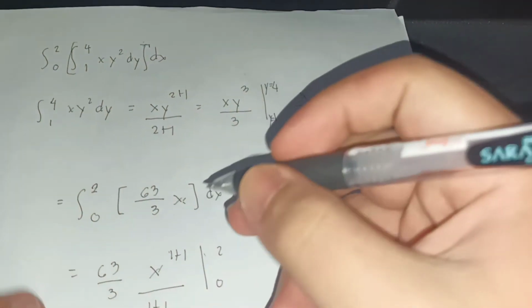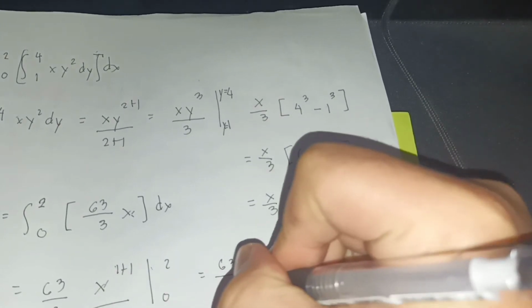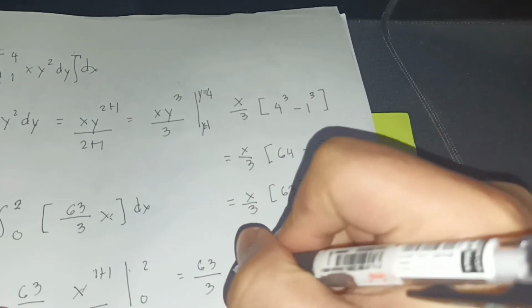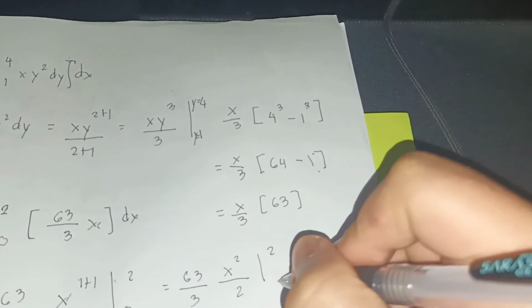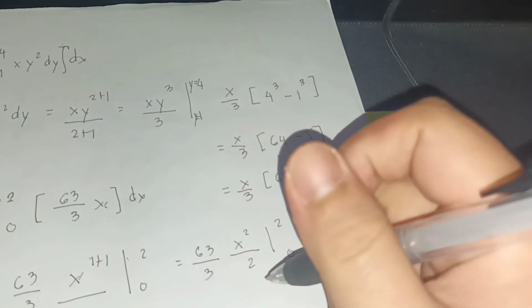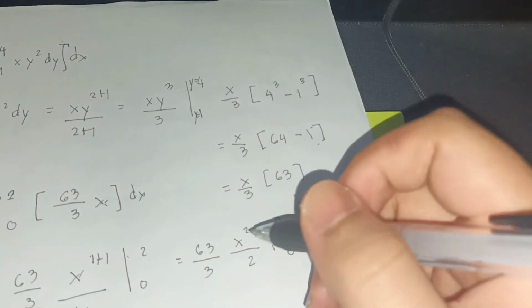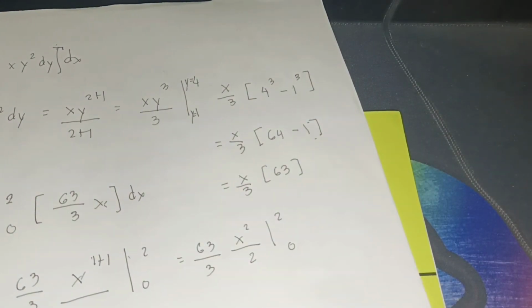So after that it will become 63 over 3 times x squared over 2, with the limit approaching 2 to 0. What we will do here is we can technically divide this, but perhaps maybe, let me try. 63 divided by 2 was 31.5 here.